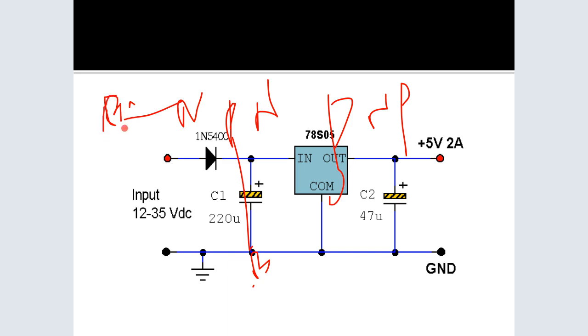We'll get our collector here, and finally our emitter somewhere here. So this three-terminal device is what we call a transistor.